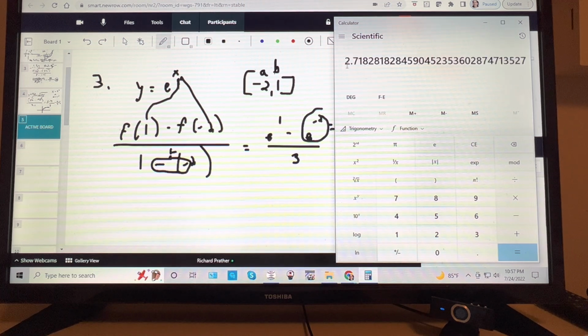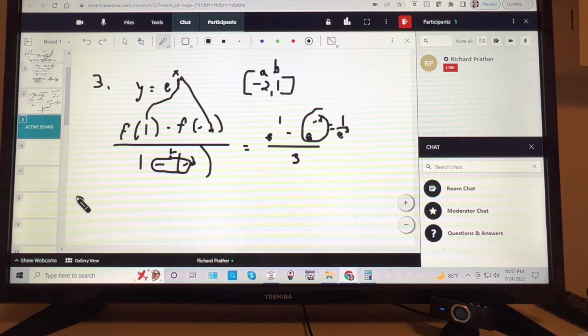E is 2.718281828, and then it's sort of like pi, how it's just a long, messy decimal that keeps going on and on and on. So think of e as 2.71828. It's about 2.7. They want 4 decimals though. 1, 2, 3, 4.